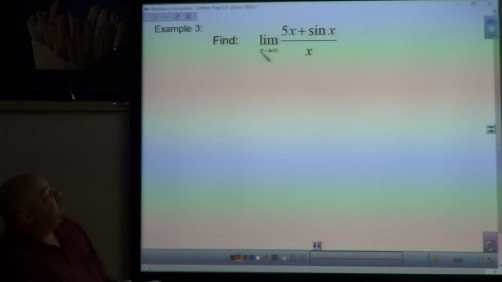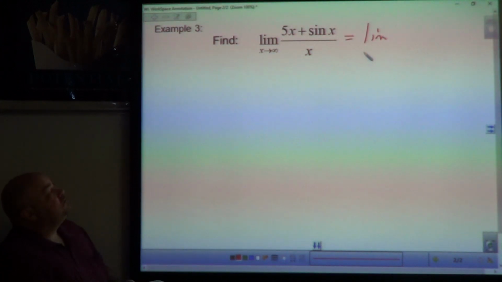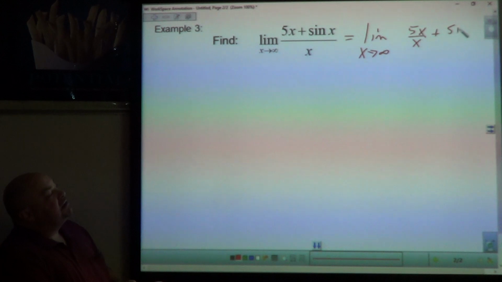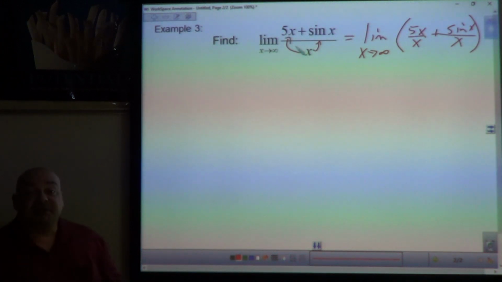We know that the limit as x approaches infinity of 5x plus sine x all over x can be rewritten as the limit as x approaches infinity of 5x over x plus sine x over x. And all I did there was divide my x into both parts and split the fraction.